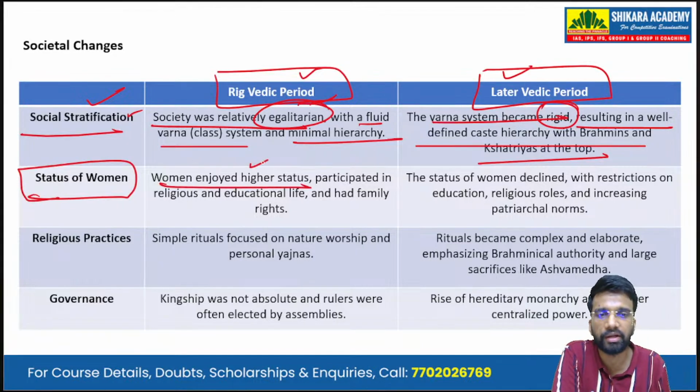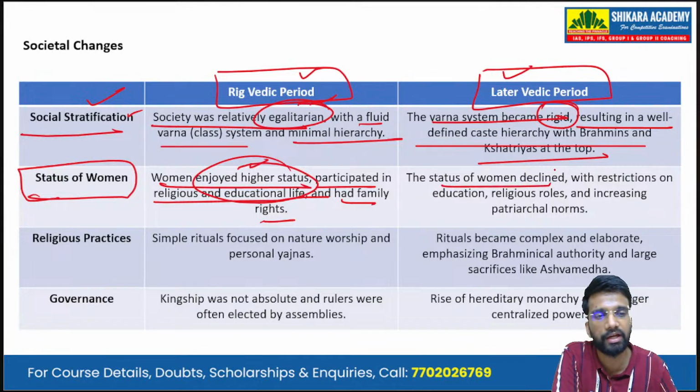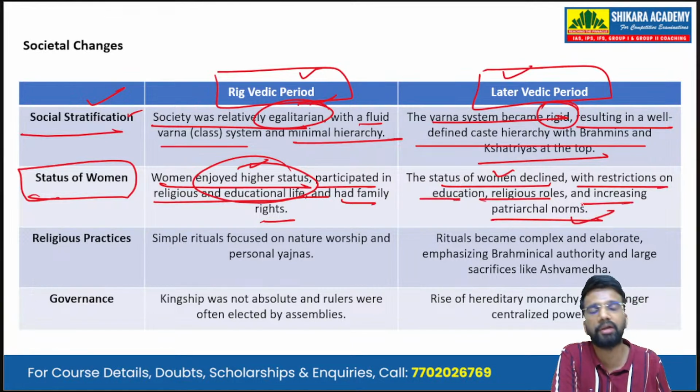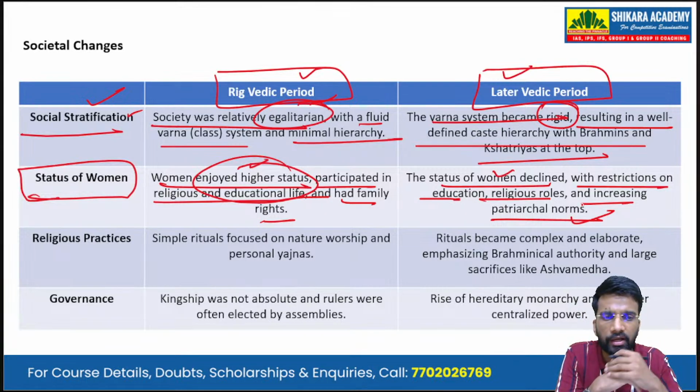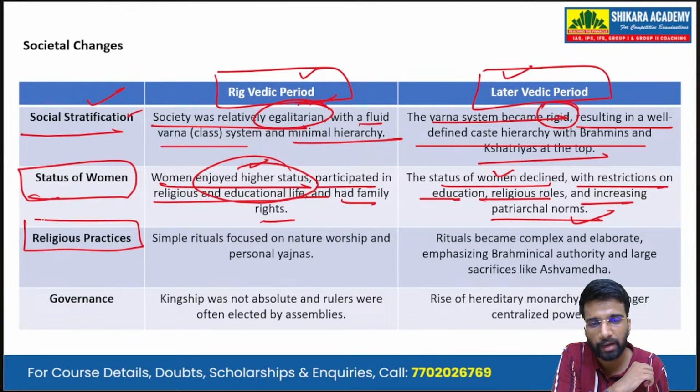Women in the Rig Vedic period enjoyed a higher status, participated in religious and educational life, and had family rights. But the status of women declined in the later Vedic period, with restrictions on education, religious role, and an increasing patriarchal role. So patriarchy increased in the society in the later Vedic period, and the status of women declined.